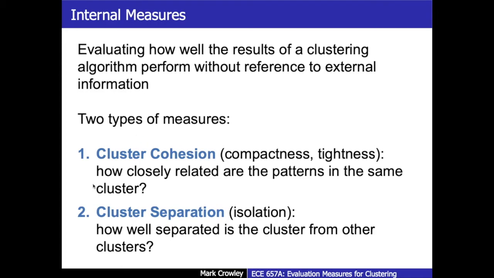So 2 main concepts are that you want the clusters to be compact and you want the clusters to be well separated. These are sensible things we claim to want your clustering to have.